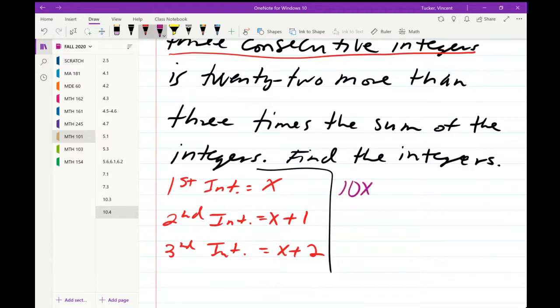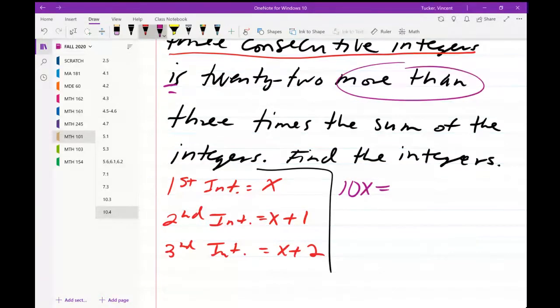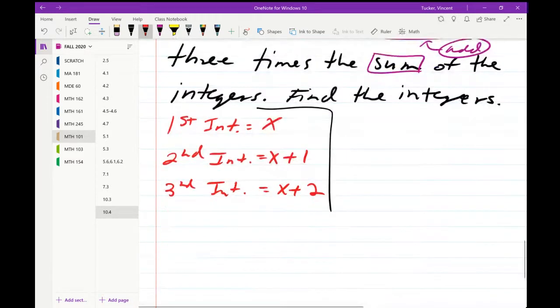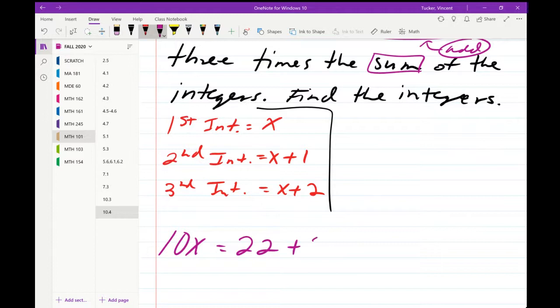So that's 10x. And it says "is," so that's the equal sign. 22 more than, in this context, is addition. That's 3 times the sum of the integers. So that's addition as well; we want to add them all up. So I need more room. Coming down here, we're looking at 10x equal to 22 more than 3 times the sum of the integers.